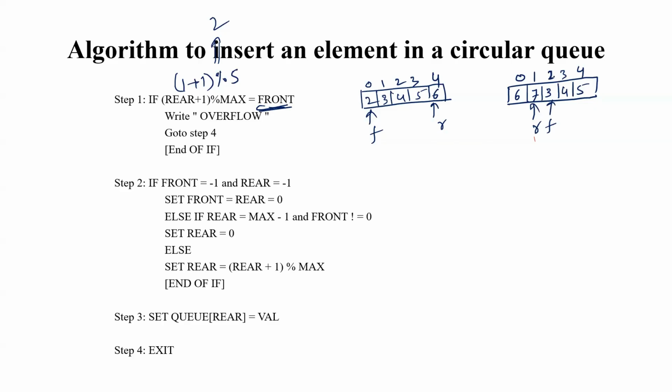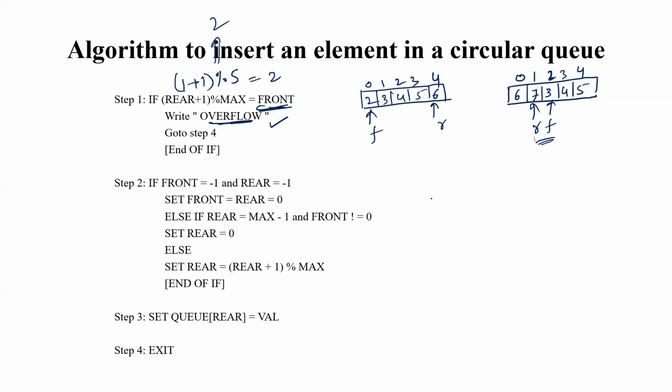The value of front is 2. And 2 is equal to 2, it is matching, meaning the queue is overflow. So we are making use of this remainder operator for getting these two kinds of conditions. Any condition you come across like this, we will say that the queue is overflow.